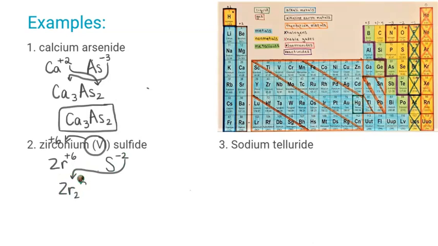And then sulfur is going to take the 6 from the charge of zirconium. 2 and 6 are both divisible by 2, so I'm going to divide by 2 here to simplify my formula. We'll get Zr1 S3, 6 divided by 2 gives us 3. And then for our final answer, we need to get rid of that 1 and write the simplest version of our formula, ZrS3.